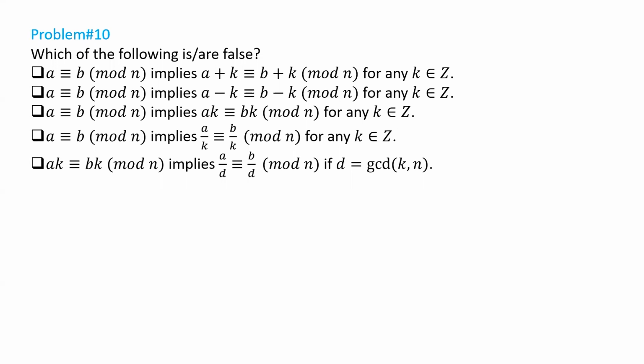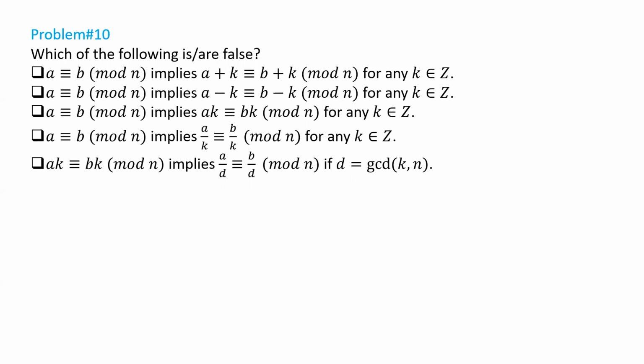Not every k in modulo n is invertible, so this division operation may not be defined for every k. So we cannot make the general statement that a divided by k will be congruent to b divided by k modulo n.